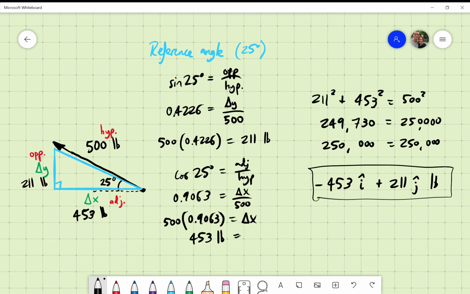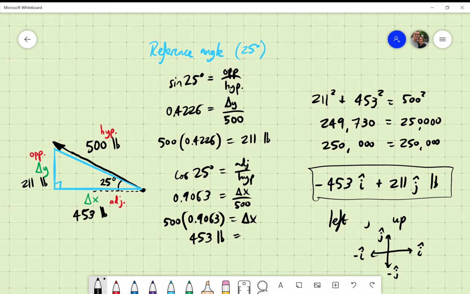Why is that negative? Well, it is because this vector is pointing to the left. It's pointing to the left and up. And the basic, typical, standard directions that we use are the same as for XY axes. Positive I hat is over this way, negative I hat is over this way, positive J hat is up, negative J hat is down.